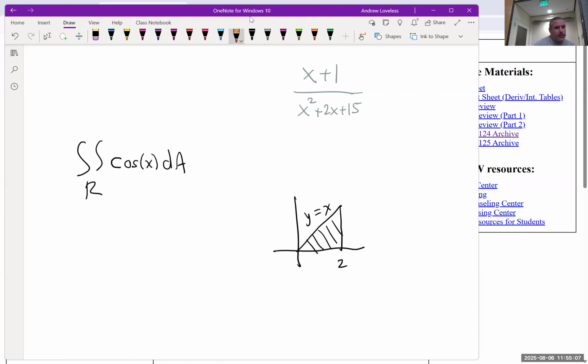Okay. We'll see how this goes. So there's two ways to set this up. Maybe we could set up both, and one of them I think will lead to integration by parts. And one of them might not. Let's take a look. So if we do it in terms of x, it's 0 to 2 and 0 to x, cosine of x dy dx.